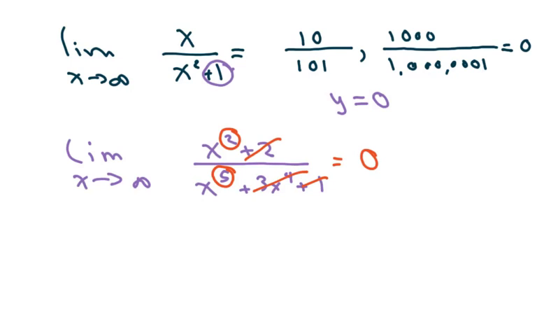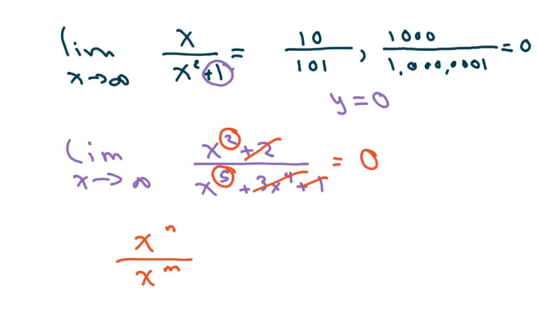So basically what you're going to look at is the degree of the numerator versus the denominator. Let's say I let the degree of the numerator be n and the degree of the denominator be m.